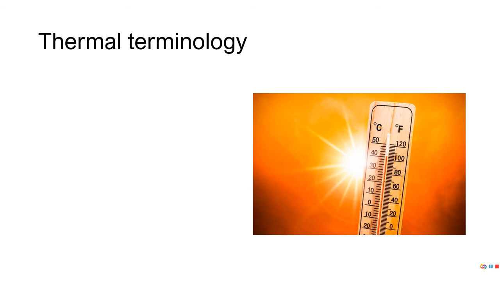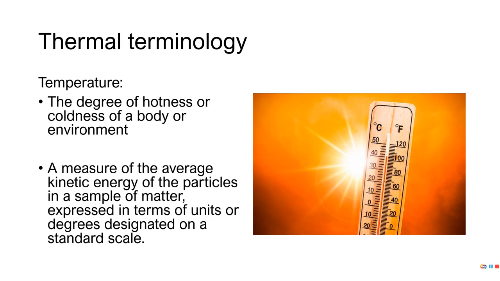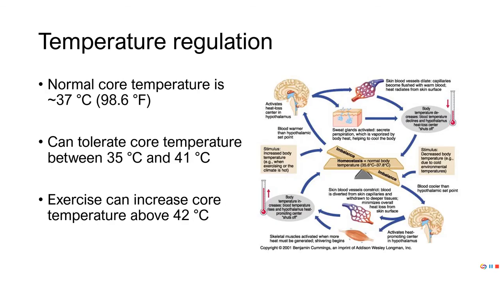So some more thermal terminology here is as follows. Just a reminder, temperature is just how hot or cold something is. It's that average kinetic energy. When it comes to temperature regulation, we think of our core temperature being 37 degrees Celsius, so about 98.6 Fahrenheit.